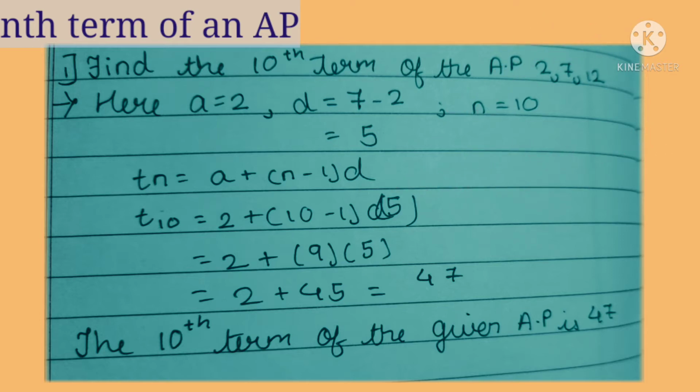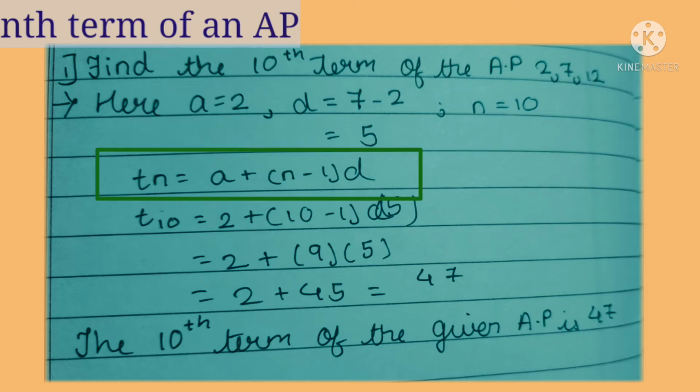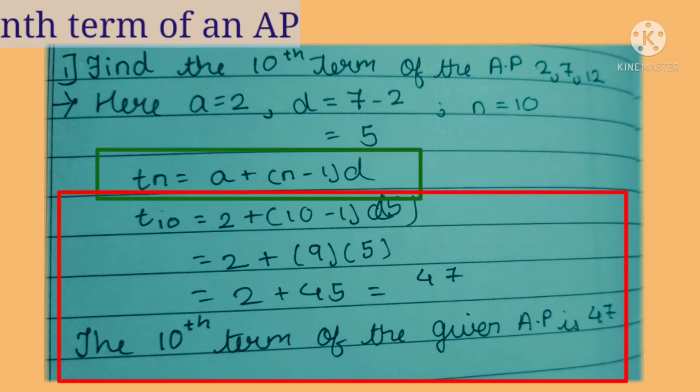We have a very useful formula, that is Tn equals A plus n minus 1 into D. Over here we identify the A value and the D value. D is the common difference, A is the first term, and n is the term that we need to find out. Putting in the values according to the formula, we get the answer as 47. So the 10th term of the given AP is 47.